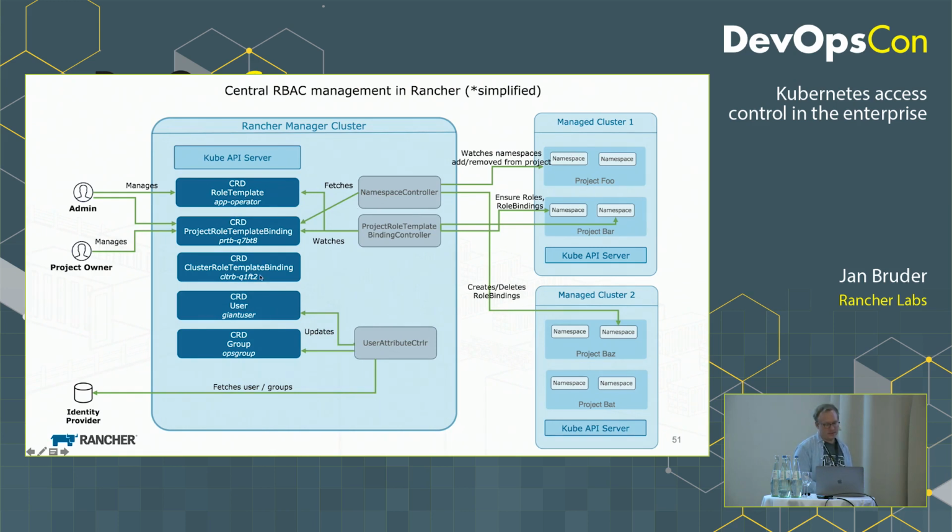As an administrator, I just define this centrally, and then we have software, like the namespace controller and these other controllers, running their control loops and ensuring that everything is in sync with the central state. We also have user and group objects, which are a representation of users and groups managed externally in your IAM. Again, we have a controller that syncs the users and groups from that external directory.